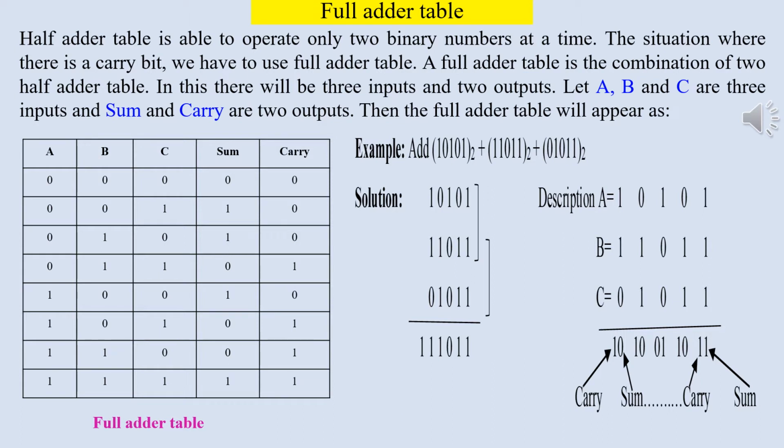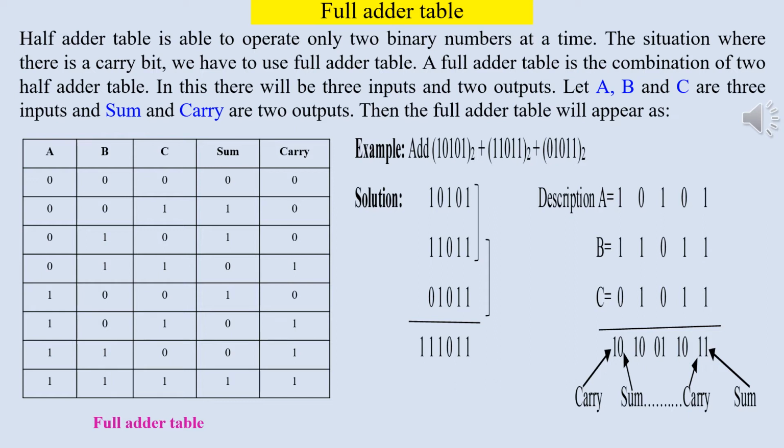Let A, B and C be three inputs and sum and carry be two outputs. Then the full adder table will appear as drawn below. In this, the total number of inputs is 3, so the output combinations will be 2 to the power 3, that is 8. That starts with 000, 001, 010 and goes up to 111.